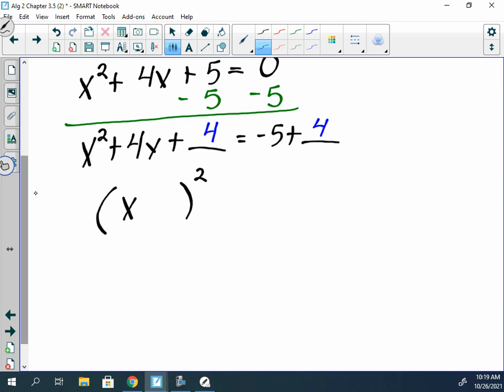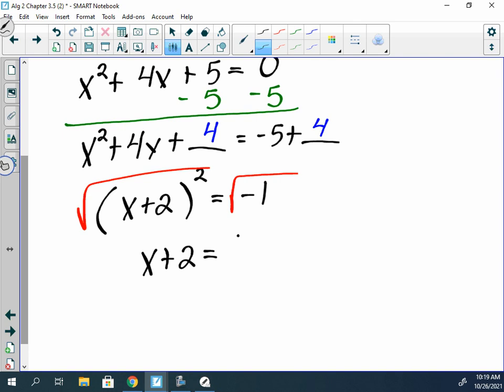X squared plus 4x plus 4 will factor to what? Squared is equal to? Negative 1. What do we need to do next? Square root both sides. Need plus or minus.